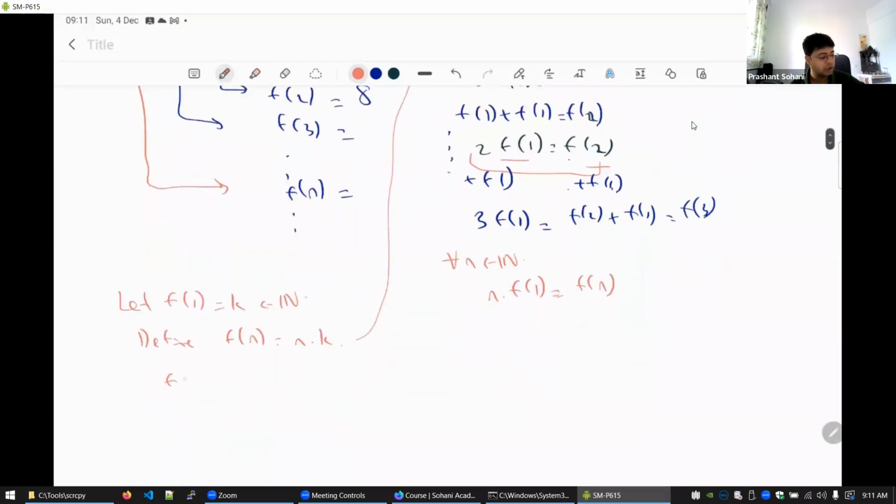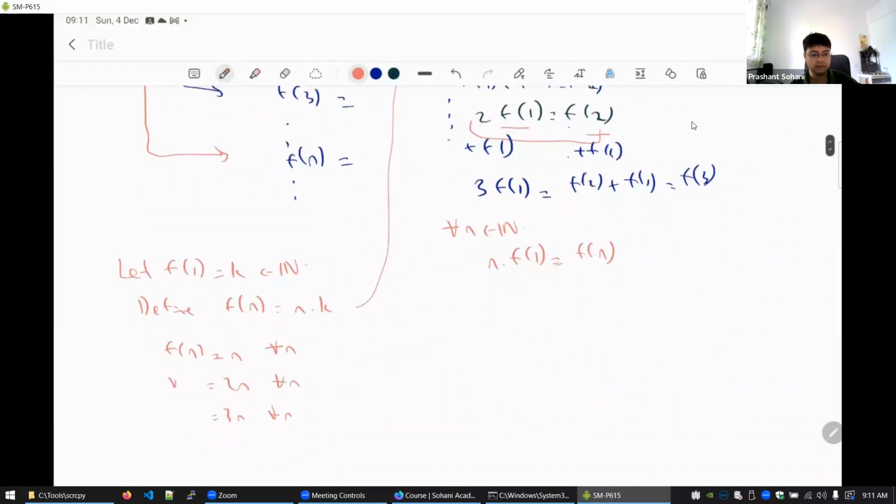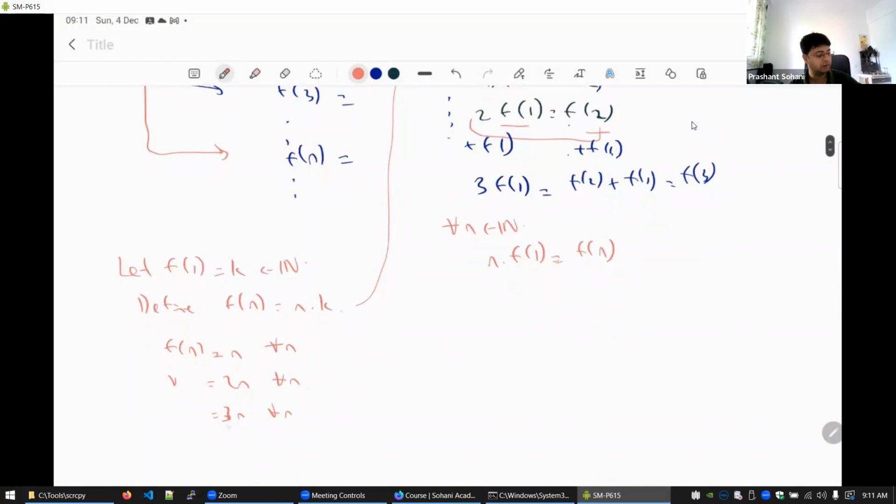So for example, f of n can be n for all n, 2n for all n, 3n for all n. Any multiple of n, of course the factor has to be constant. All of these are valid solutions of your problem, so we have an infinite solution set here.